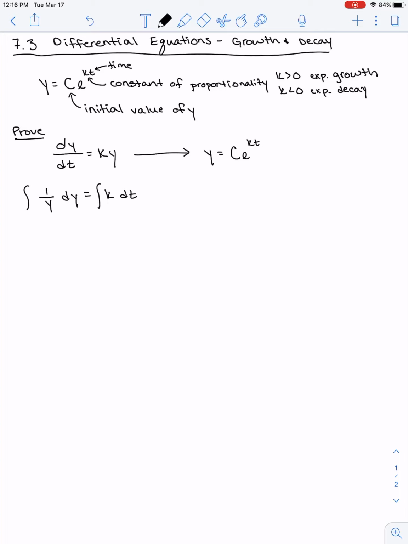We get the integral of 1 over y is natural log of y plus some constant is equal to a constant k times time, our variable of integration, plus our second constant. So we get that the natural log of y is equal to kt plus c3.